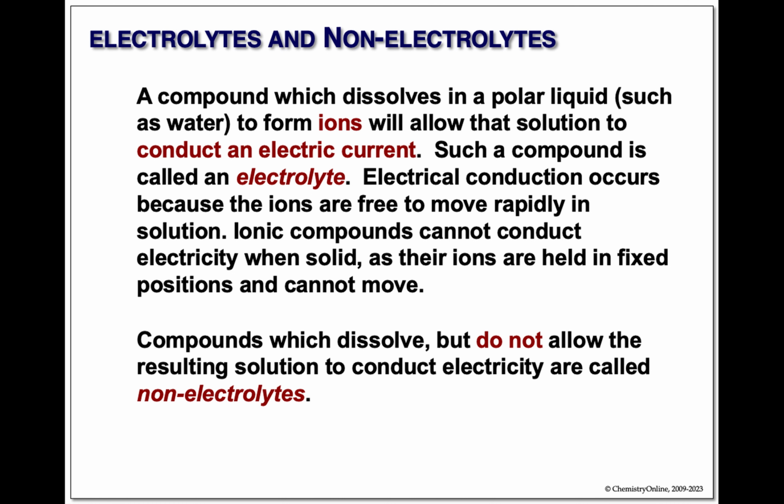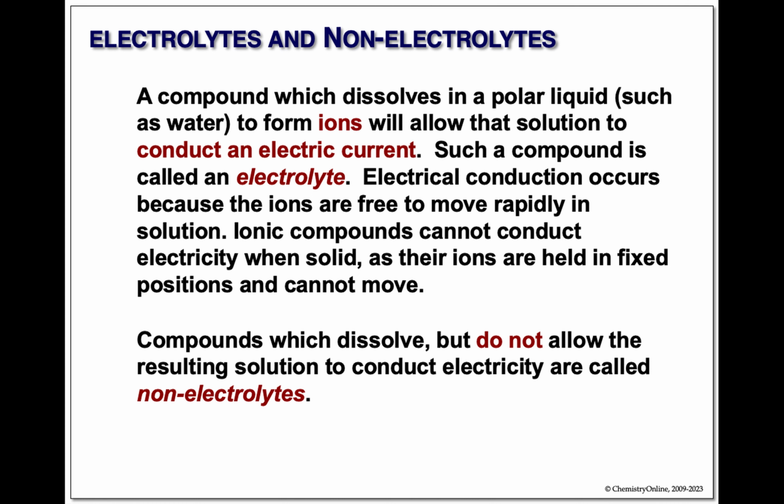Tap water contains dissolved ionic compounds. When you have ions in water, that will conduct electric current. If you had absolutely pure water with no ions in it whatsoever, it wouldn't conduct electricity. It would be what's called a non-electrolyte.